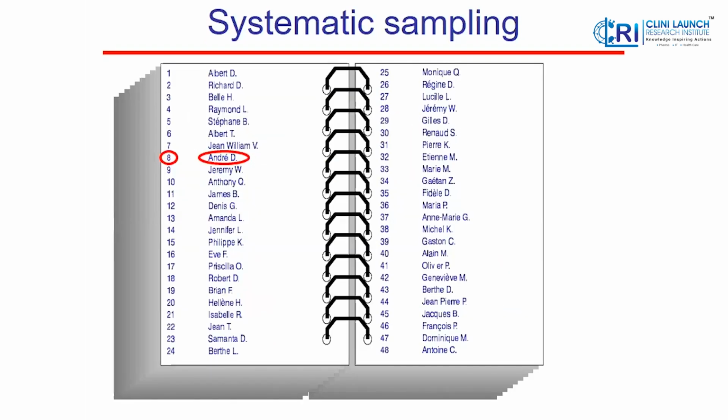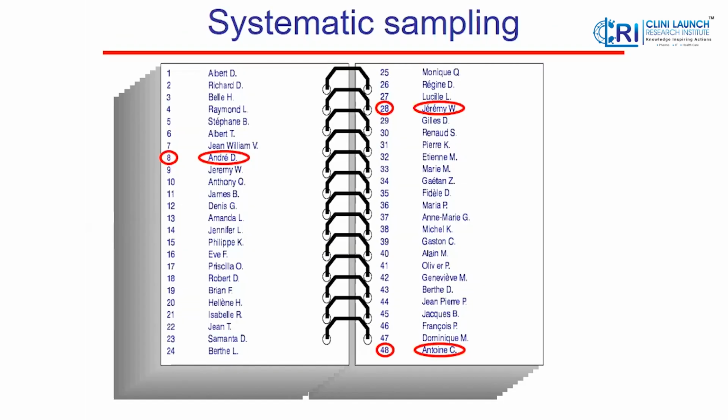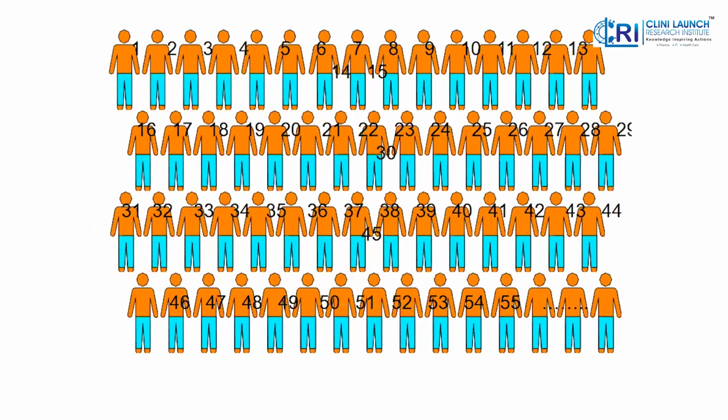So if we consider the same sampling frame, the first number that you select is 8th, then 28, then 48, and similarly you have to go ahead in the same manner. And also, let's suppose you have 55 or so on number.